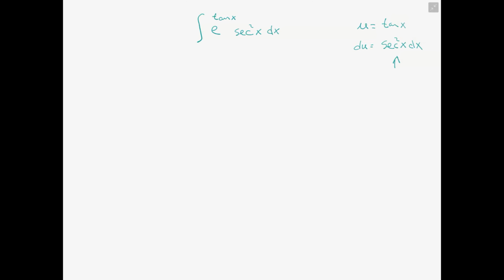Each time we take the derivative of a tangent function. So now we've got boiled down to e to the u du, and that is equal to e to the u plus c, and that is e to the tan x plus c.